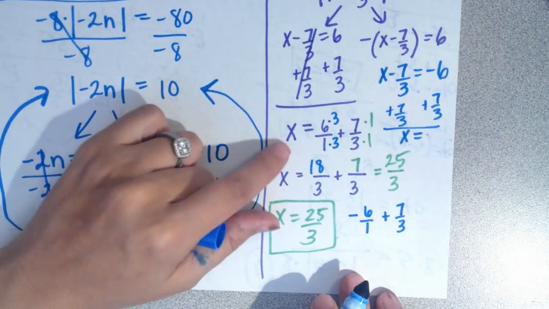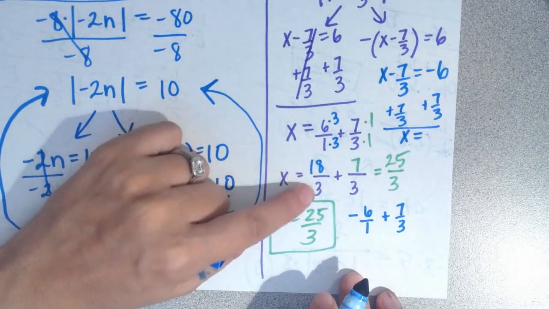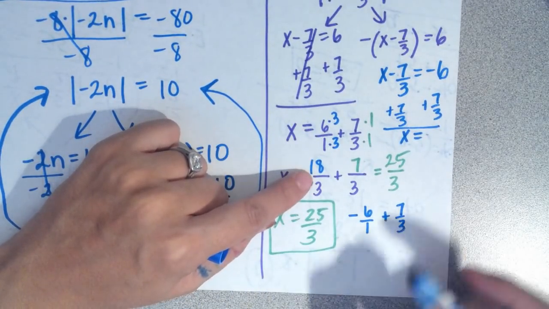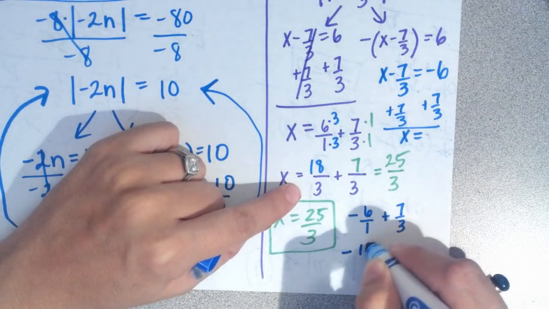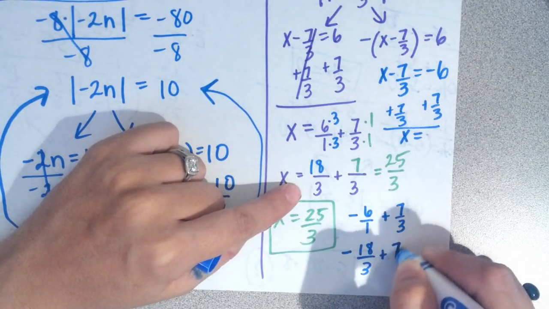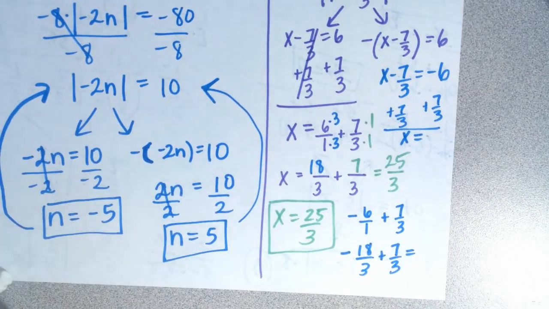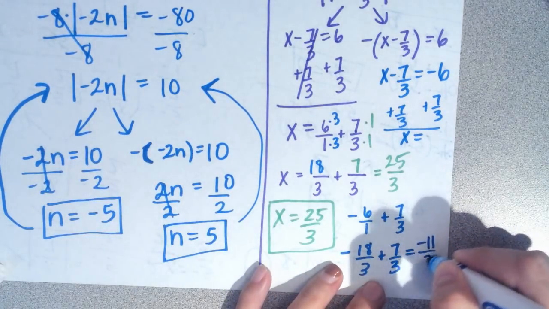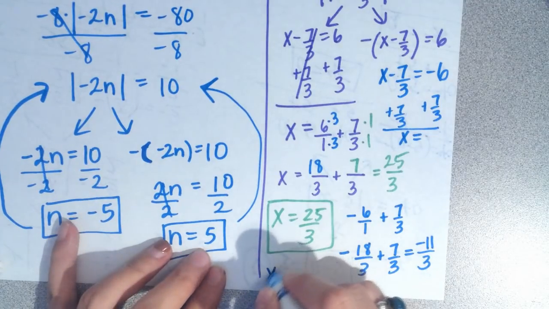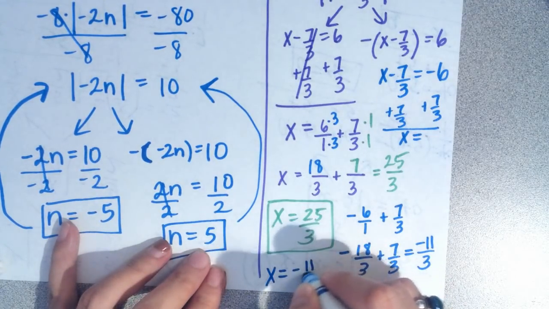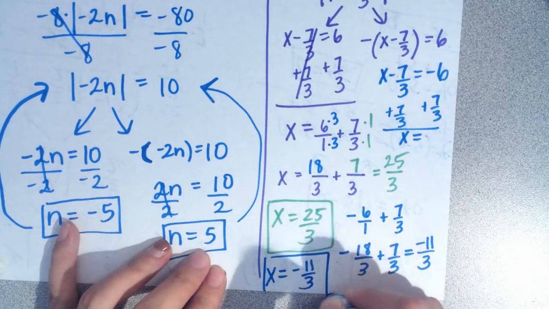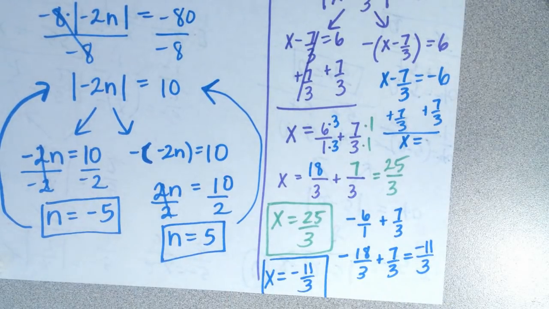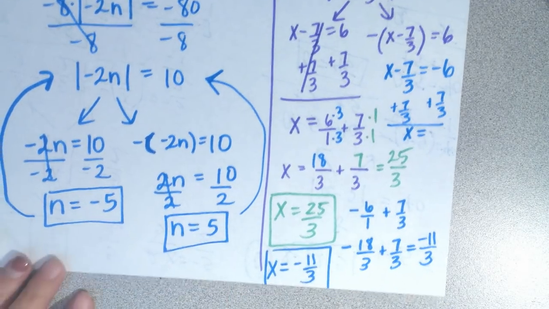Well, it's the same thing as what we just did here, right? 6/1 is the same thing as 18/3 with the denominator of 3. So I'm just going to put the negative version of it. And then negative 18 plus 7 gives me negative 11/3. So my answer in this case is negative 11/3. All right, that is video 2.